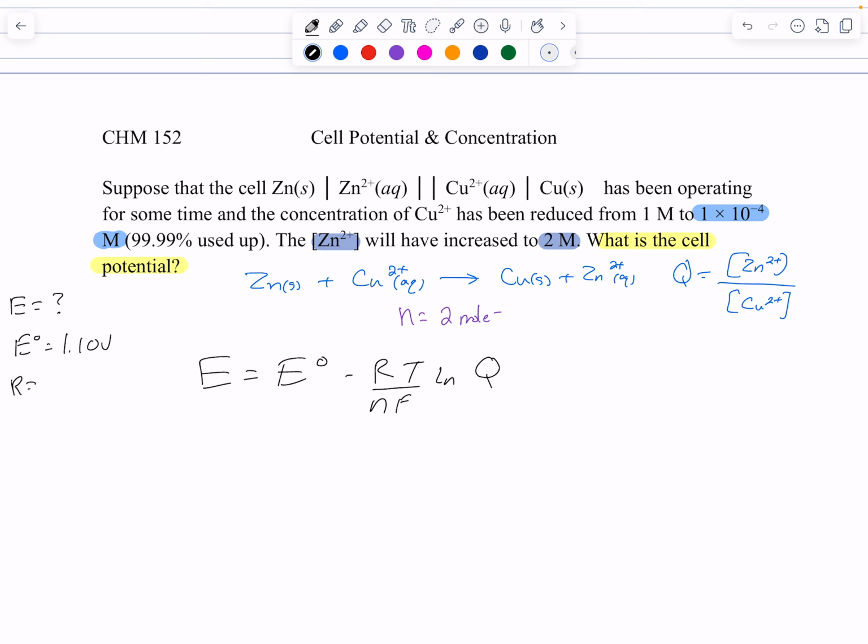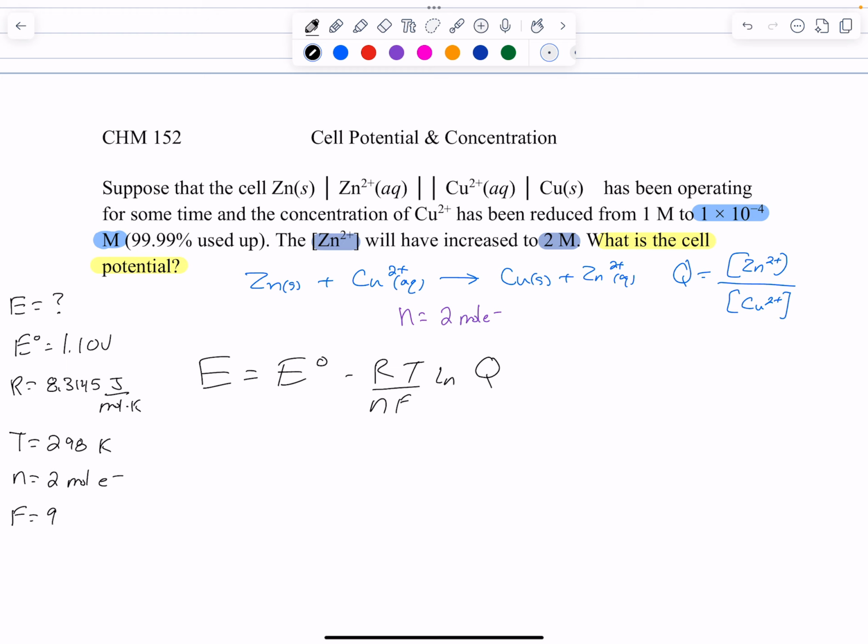R, what are we going to use? Well, I do not have molarity, so I'm going to use 8.3145 joules per mole Kelvin. Temperature, we're going to assume 298 Kelvin, unless otherwise told. And 2 moles of electrons.